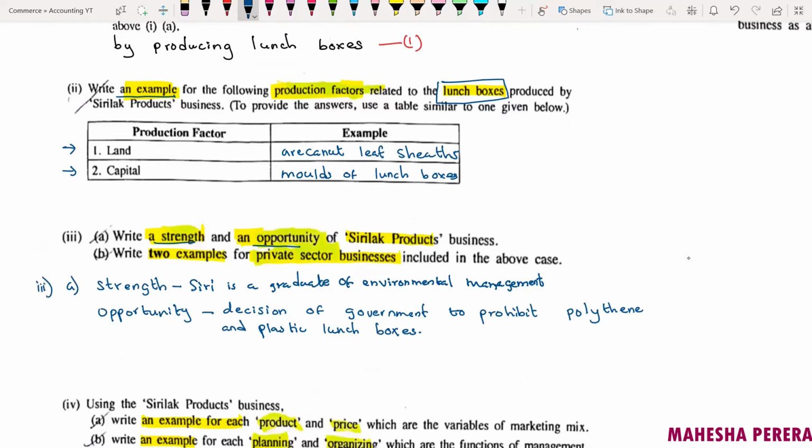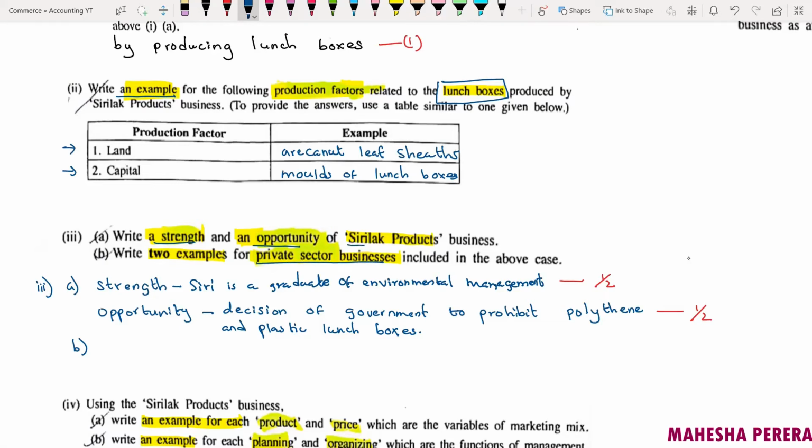Right. There's another question. Now, when you're getting marks, you're given half marks for the strength and another half mark for the opportunity, right? And then next on B, write 2 examples for private sector businesses.